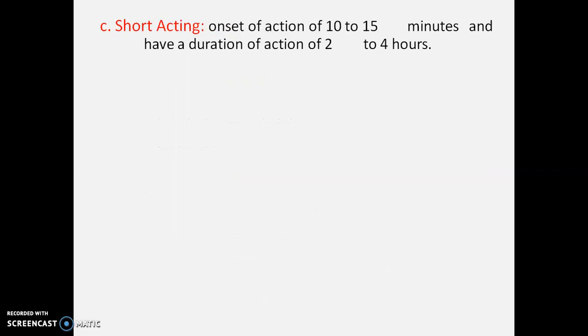The third class of barbiturates is short-acting barbiturates, whose onset of action is 10 to 15 minutes and which have a duration of action of 2 to 4 hours. Examples include secobarbital and pentobarbital.